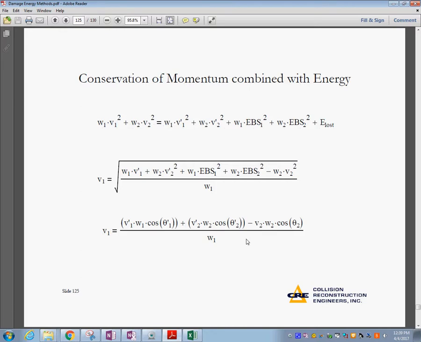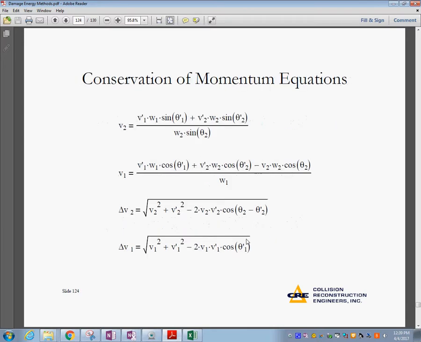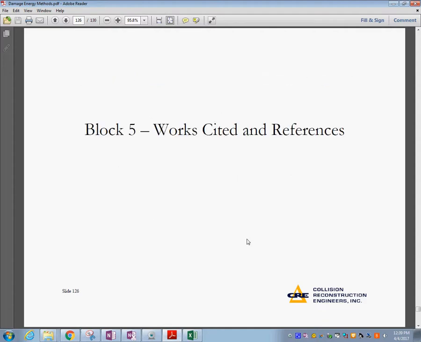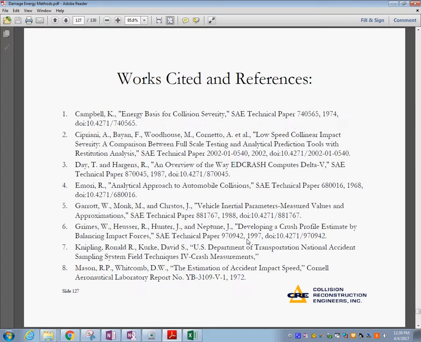So basically the message is that there are equations that have been developed with the conservation of momentum and also with the energy data published by the NHTSA. These are the references cited in this work, and of course these papers you can get in the library or from the SAE, the Society of Automotive Engineers.